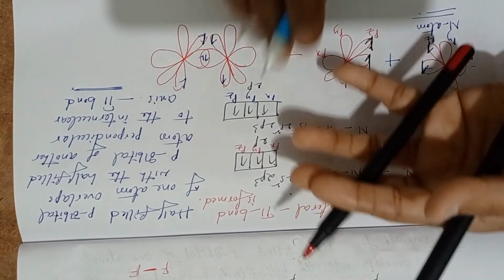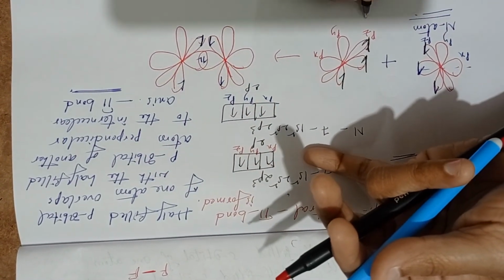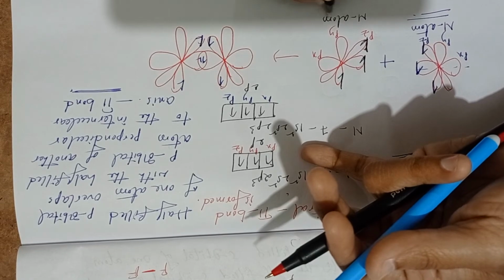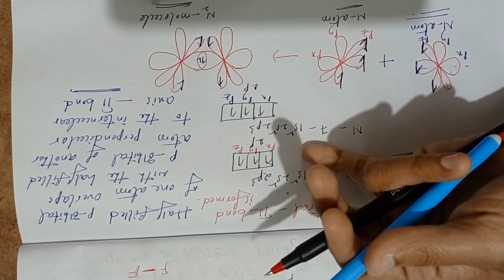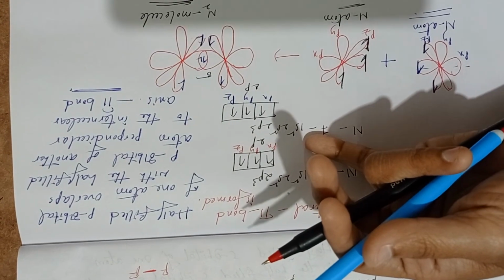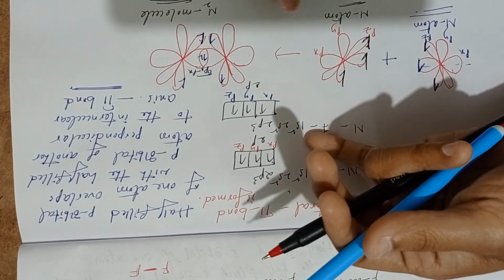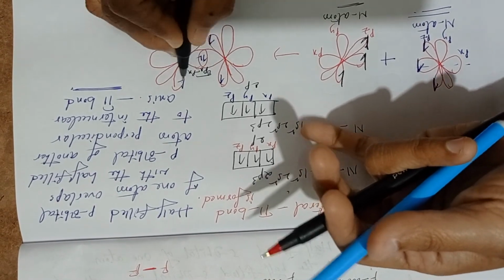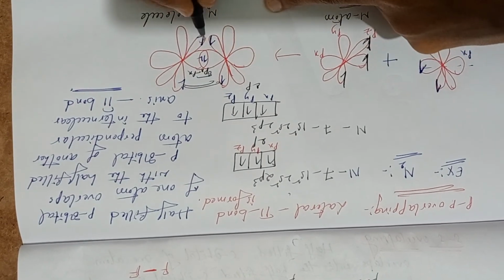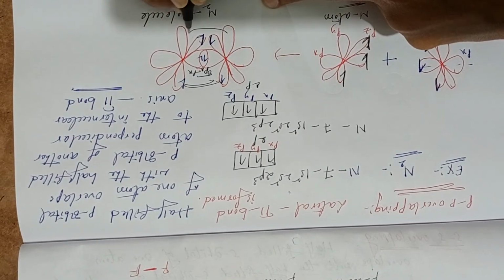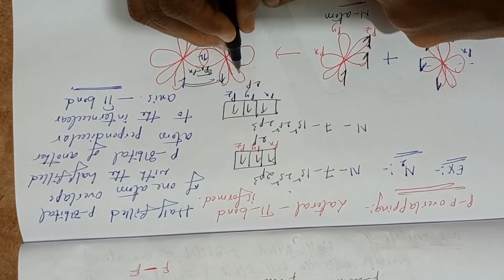Now these 2 electrons are undergoing overlapping. This is the nitrogen atom, this is another nitrogen atom, students. This is the N2 molecule. This is which type of bond? Sigma px, correct? Sigma px, and this py orbital, students, undergoes sidewise overlapping like this. And the pz orbital also undergoes sidewise overlapping, students.